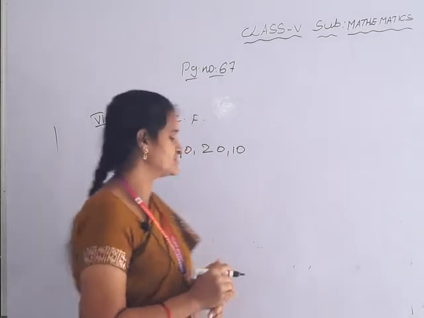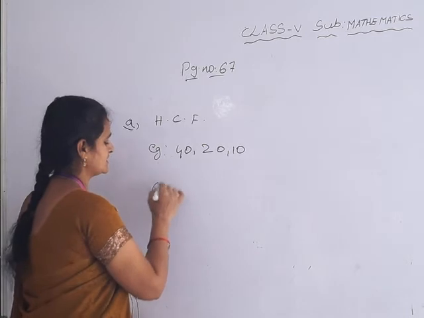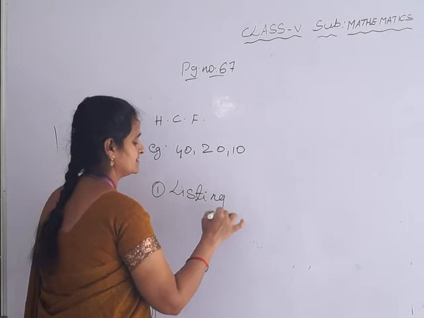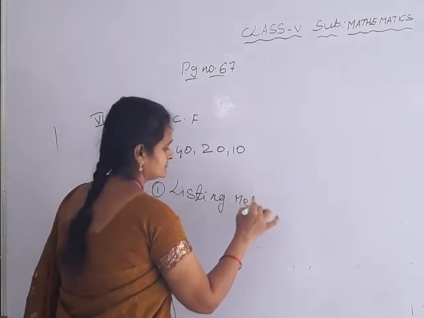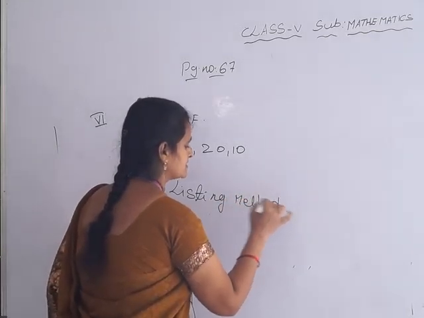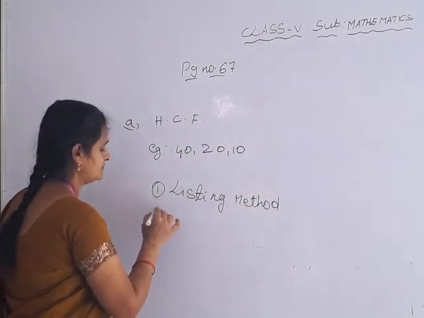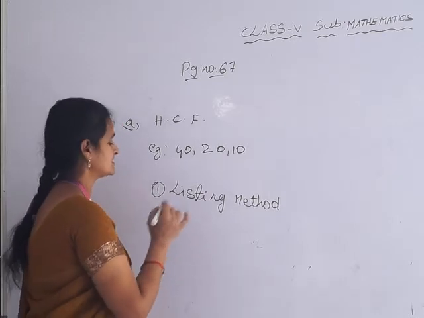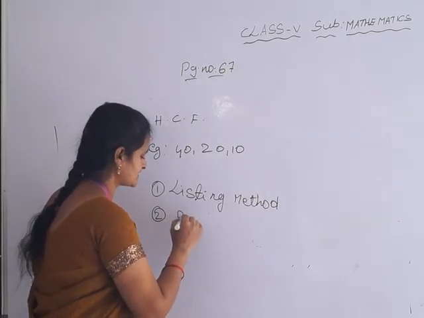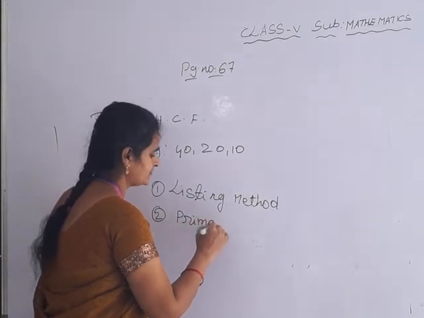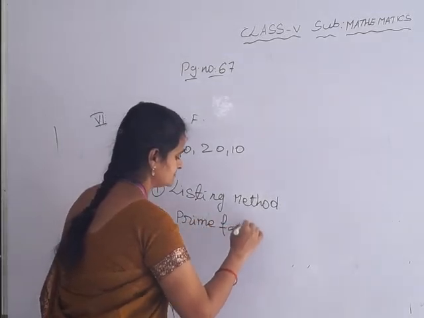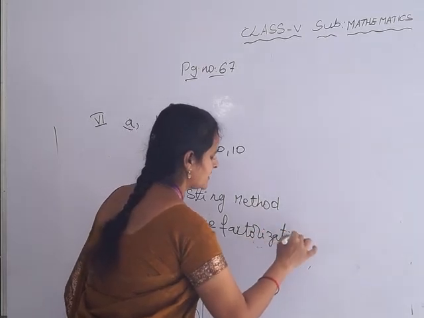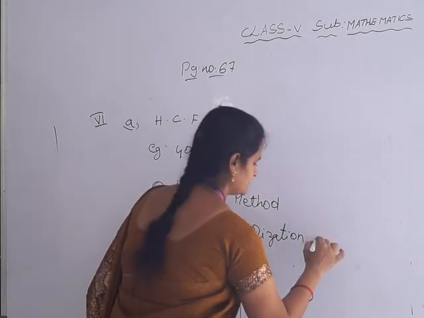The first method is the listing method. The second method is the prime factorization method.